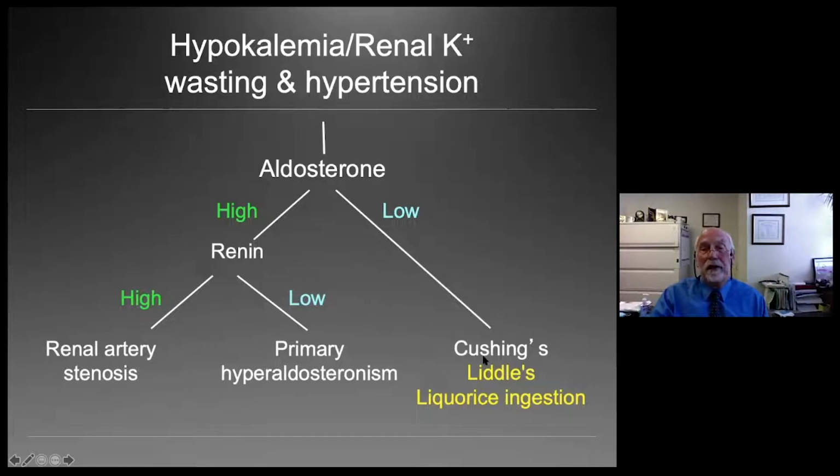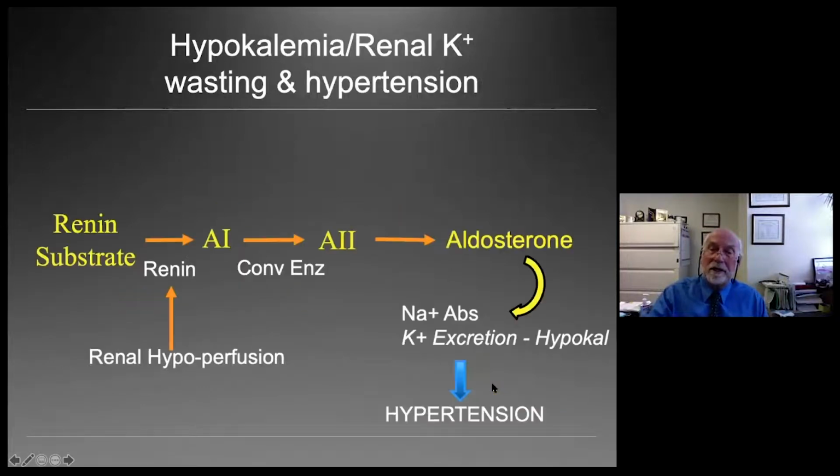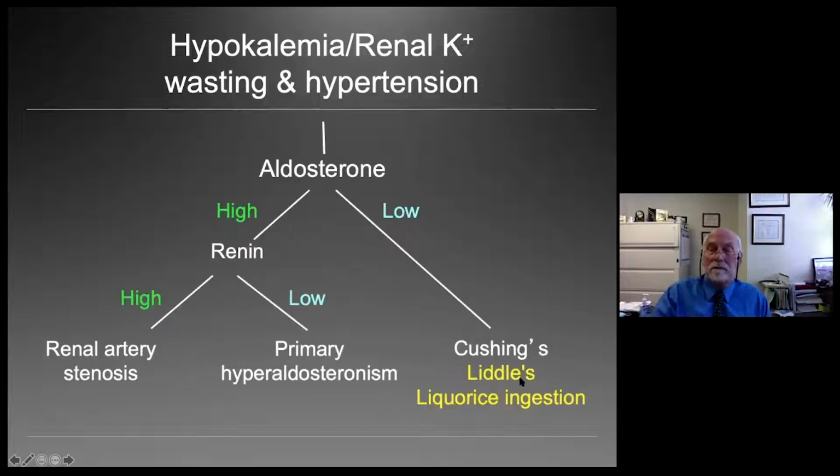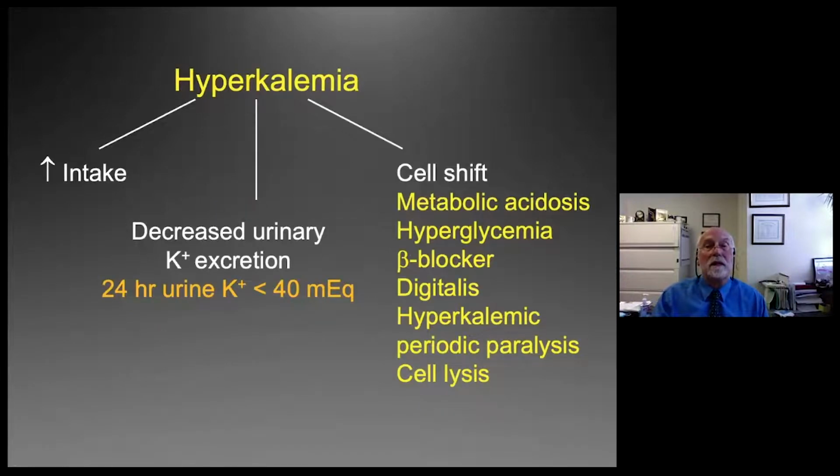And then there are other endocrine disorders, or hereditary disorders such as Liddle syndrome, which is a condition of activating sodium channel in the collecting duct, or other things that can mimic cortisol excess such as licorice ingestion. So again, by way of review, how do you become hyperkalemic? Well, you have to have more intake.